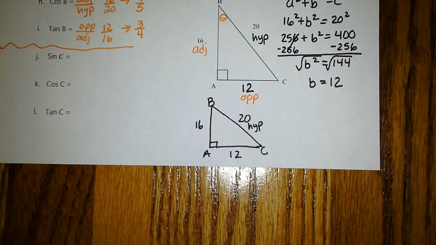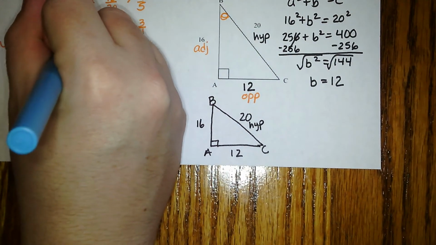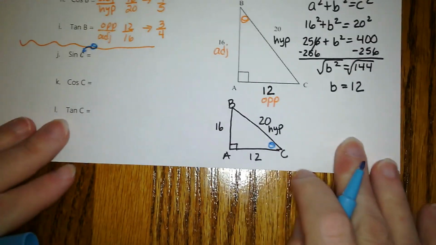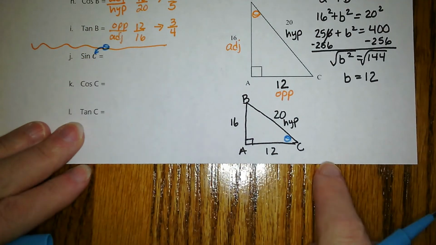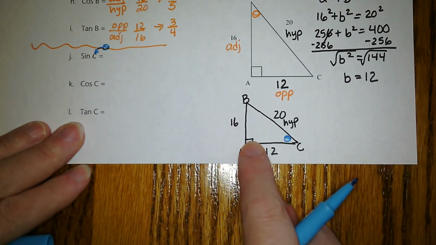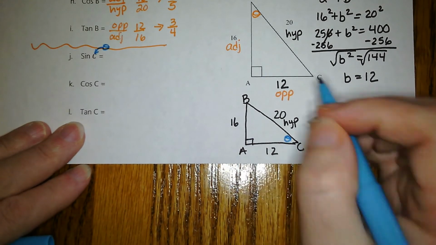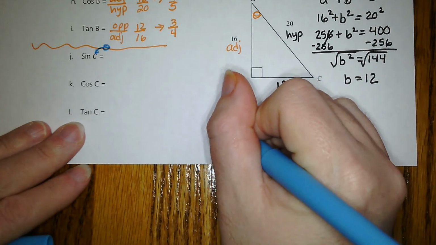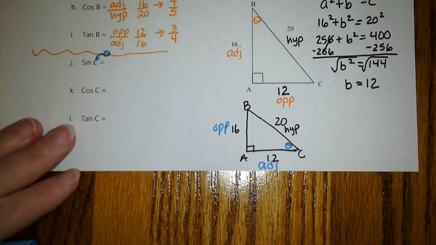So it's always across from the right angle, except now we want our theta changed to C, angle C. So I'm going to put my theta spot here because that's the capital letter that follows the function. And now I know that I'm going from here. So my adjacent is now on the floor. And my opposite across from my theta is 16.